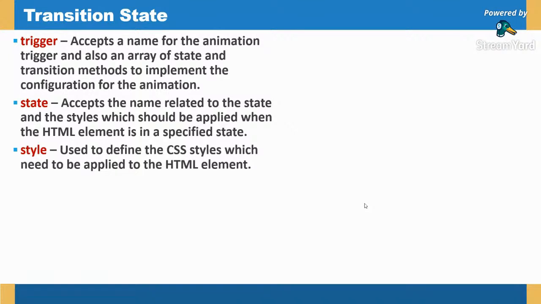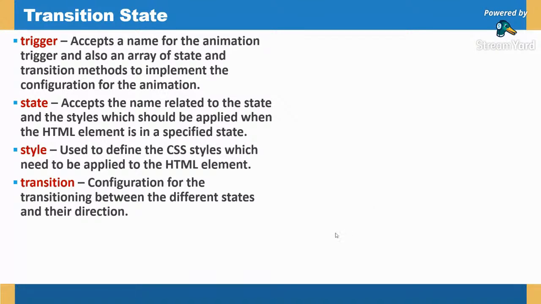Style is basically used to define the CSS attributes or properties against the element, so that when that particular element reaches the specified state, those CSS styles can be applied on that particular element. And transition means it basically transfers one state to another state so that the object's movement or motions can be implemented. Configuration basically indicates the configurations for the transitioning between different states and their directions.